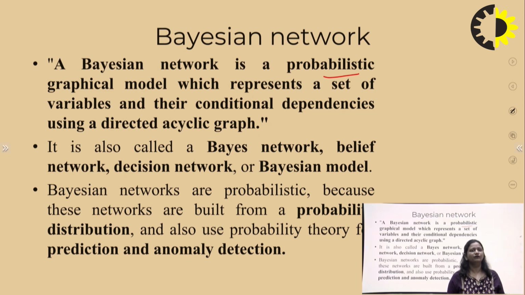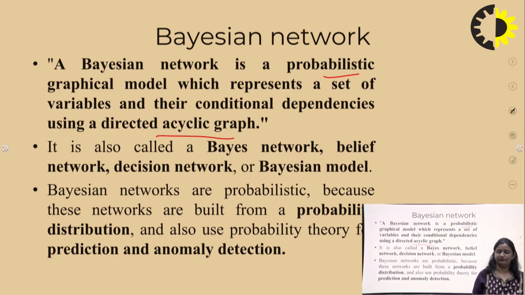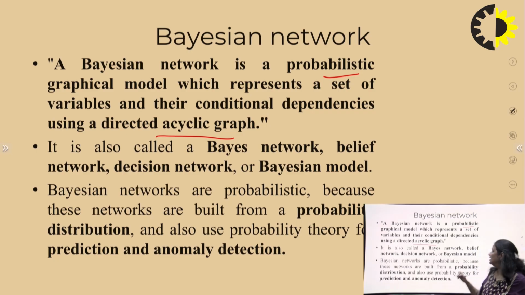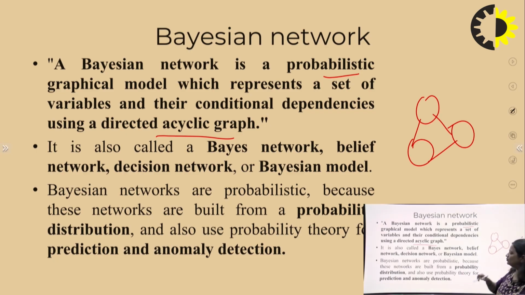And all of the graph is shown using a directed acyclic graph. Directed acyclic graph means the variables are shown by conditional dependency, meaning this variable is dependent upon this variable, which is dependent upon this, using a directed graph.